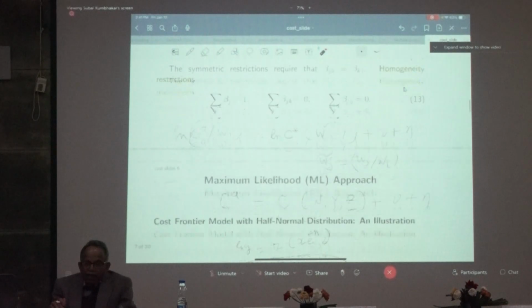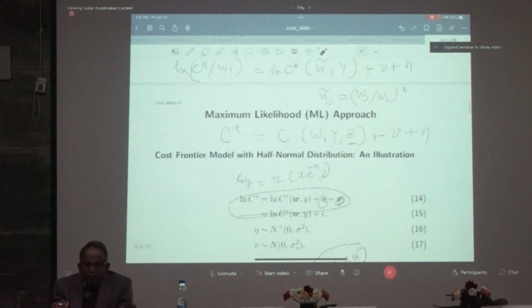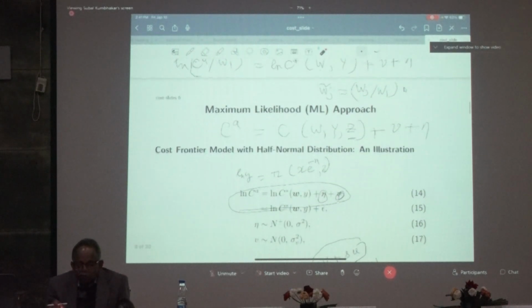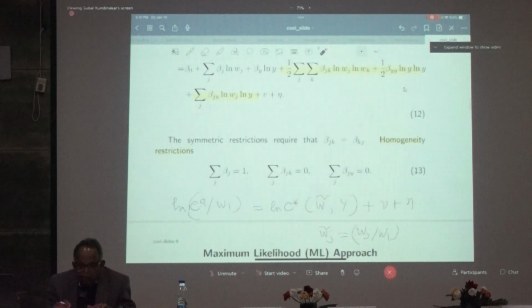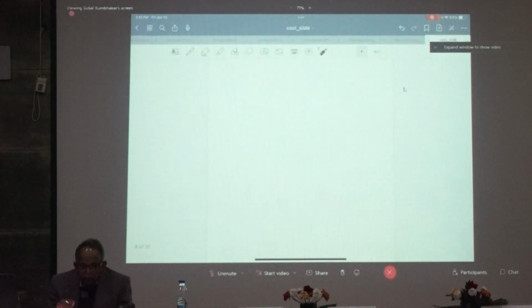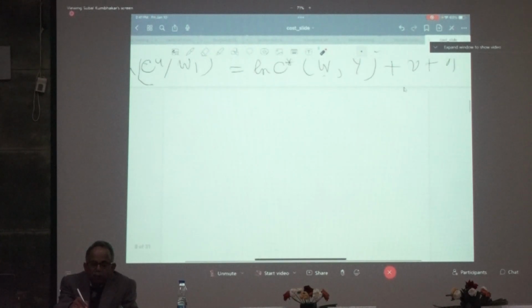So in the end, let me just write that down by creating a page in here. If it is a Cobb-Douglas cost function, you are writing it out like this: log of actual cost is a linear function.